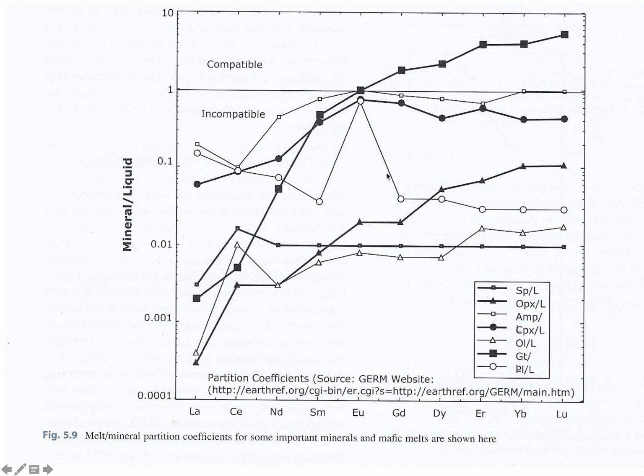So only in the garnet do we have a compatibility for heavy rare earth elements, and indeed the heavy rare earth elements are very happy in the crystal lattice of garnet. And in all the other diagrams we have an incompatibility.